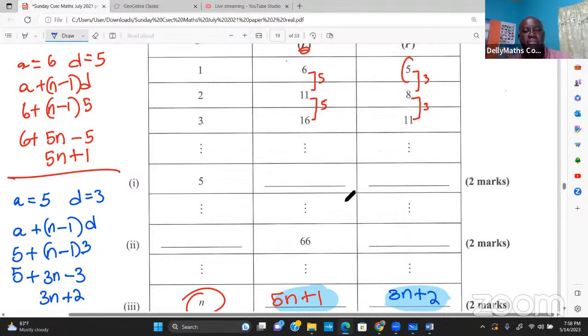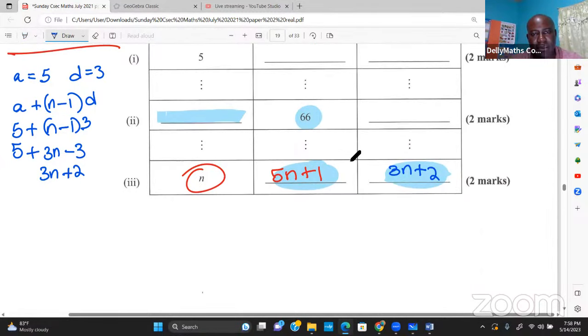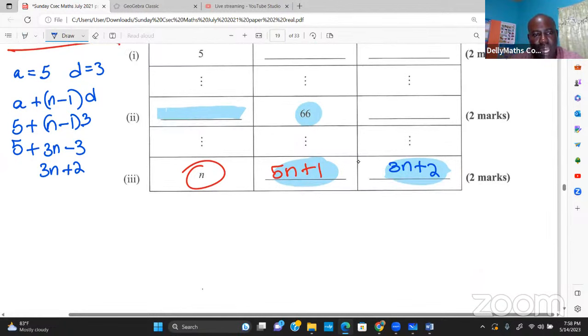So now I have what it takes just to navigate now. So this missing spot here, we're linking 66 to it. Oh, so then 66, we are saying that, hey, you can now take 5n plus 1, because that 5n plus 1 represents that column.